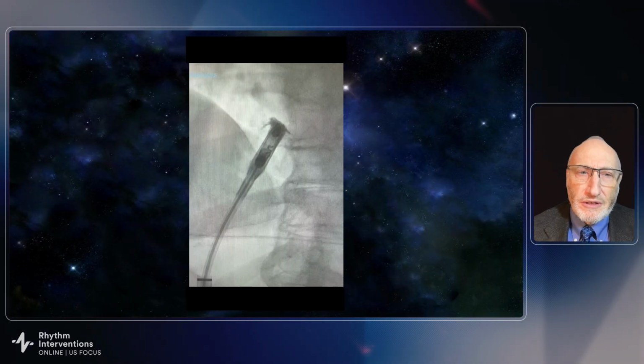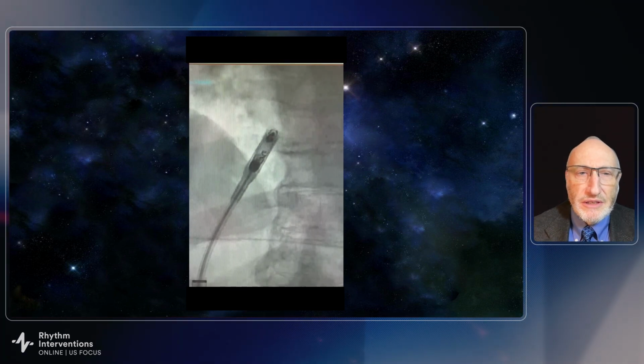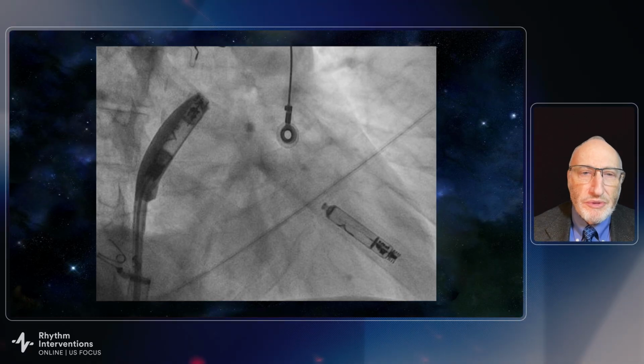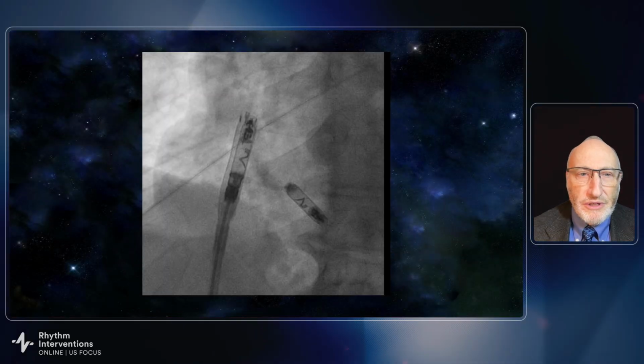This is from our case report. Again, you can see we're up against the transition at the septum. And this was the RAO view. Again, you can sort of appreciate it's quite a bit higher than the original.